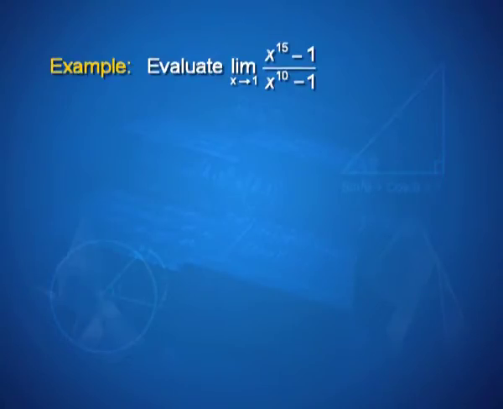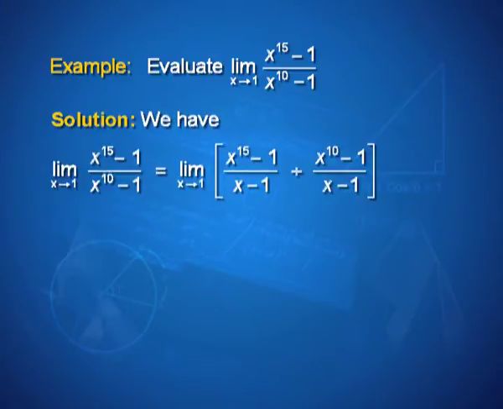Evaluate limit x to the power 15 minus 1 upon x to the power 10 minus 1 as x tends to 1. We have limit x to the power 15 minus 1 upon x to the power 10 minus 1 as x tends to 1.